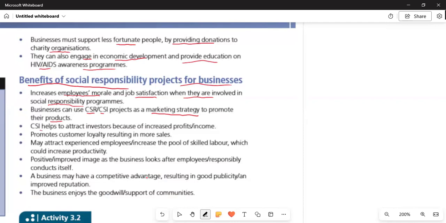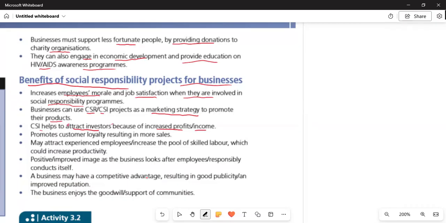Corporate social investment helps to attract investors because of increased profits or income. So the CSI projects attract the investors because of what? The increased profit of the organization. What makes the organization enjoy the profit or increased income is giving back to the community.